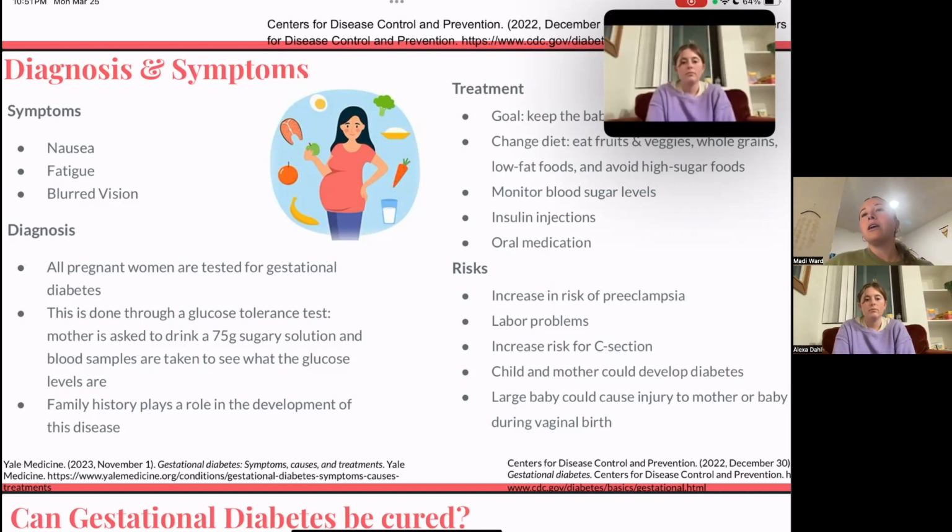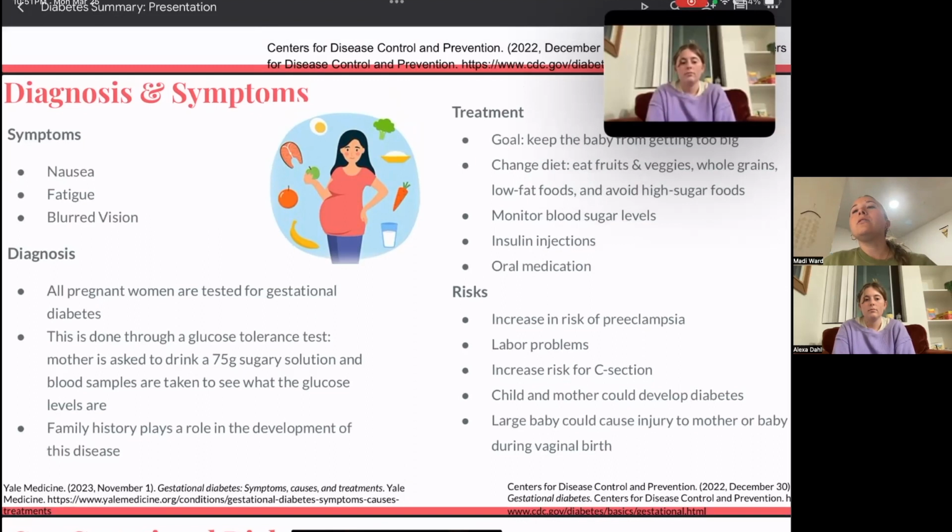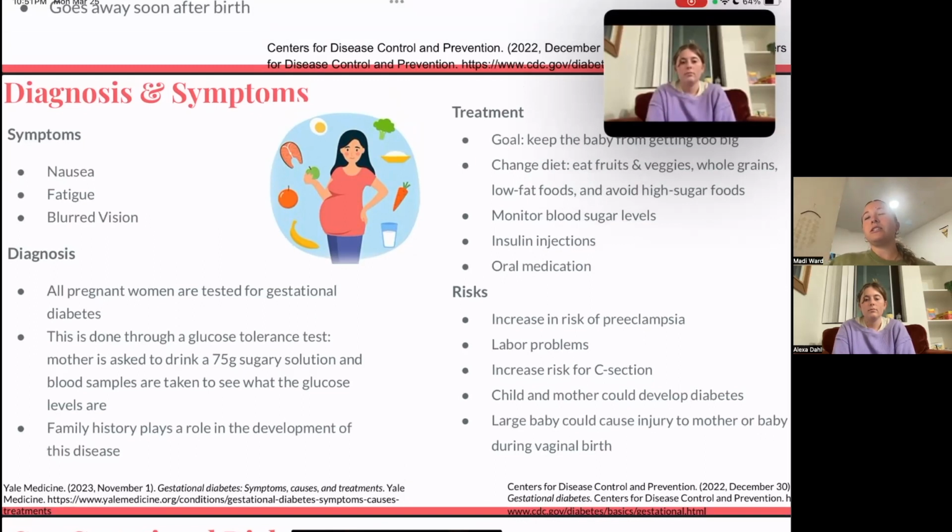Then about an hour or two after, blood samples are taken to see what the glucose levels are. And then also for diagnosis, usually if it runs in the family, then you're most likely gonna develop this disease while you're pregnant.